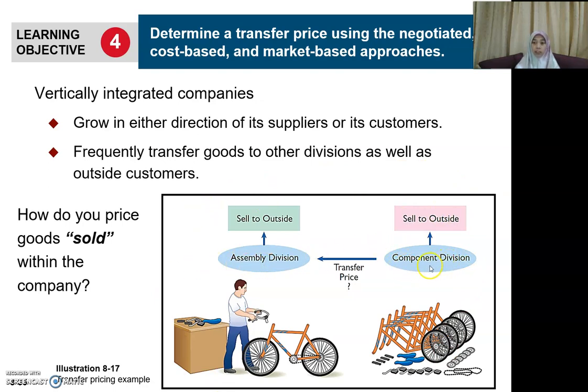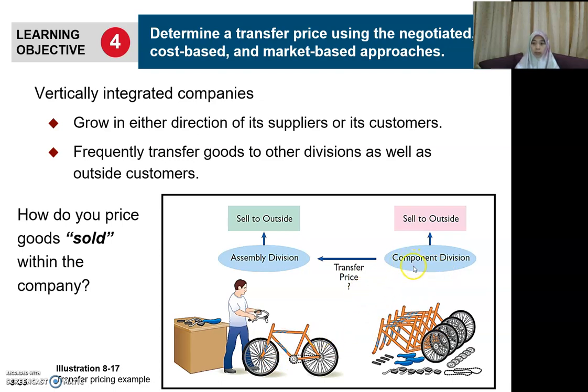So the question is whether the component division can sell directly to the external market, and the assembly division can also sell to the outside market. The assembly division needs the input from the component division.